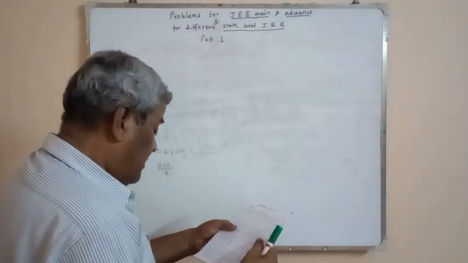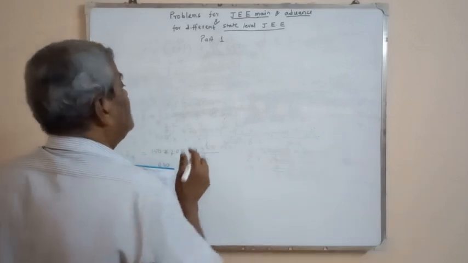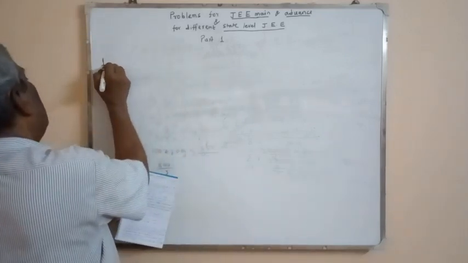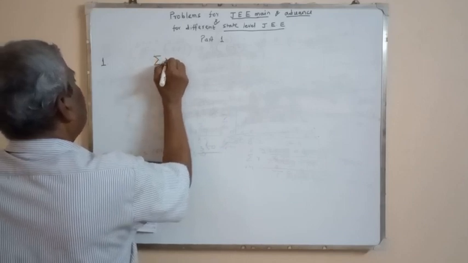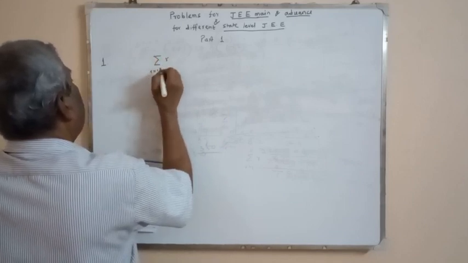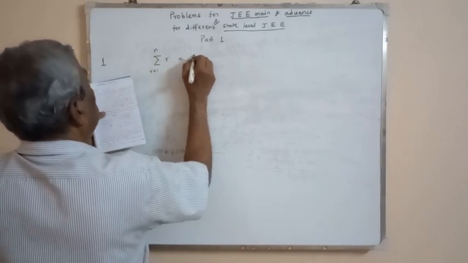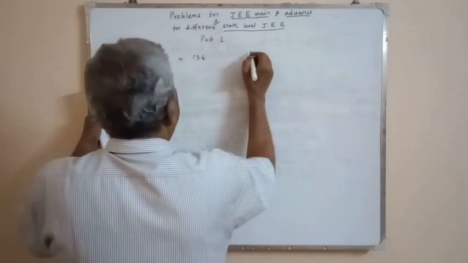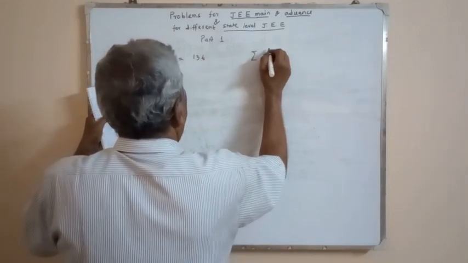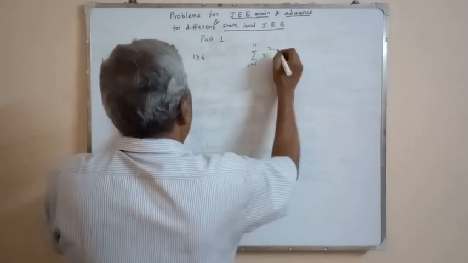The first problem is question number 1. If sigma r, r is equal to 1 to n, is equal to 136, the value of sigma r square, r is equal to 1 to that n, is how much?